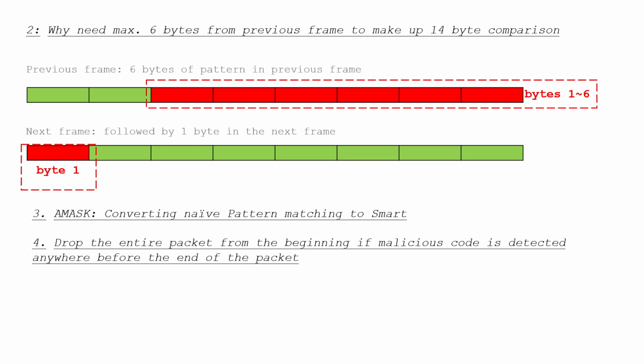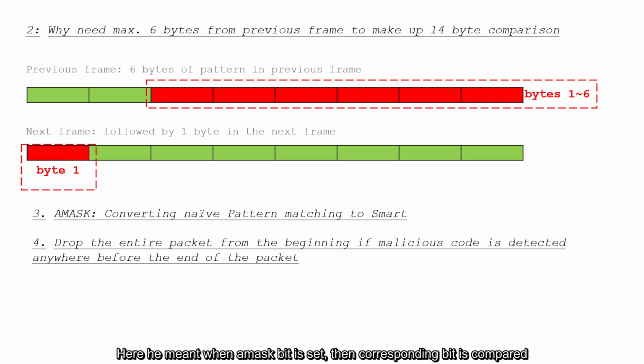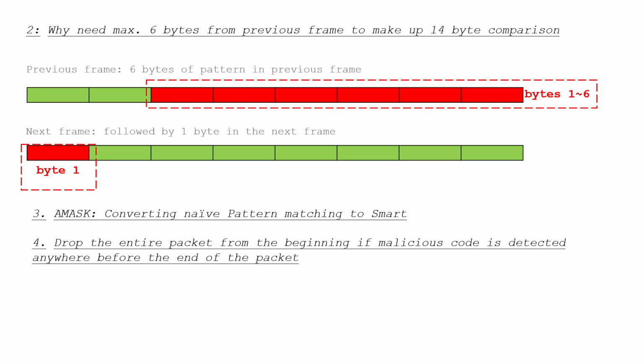Similarly, some genuine data matching the pattern can appear in the incoming traffic. To avoid these scenarios, a 7-bit A mask is introduced. Whenever a specific bit of the A mask is set, the corresponding byte of the pattern is not compared with the incoming traffic. So the pattern matching algorithm just gets smarter.